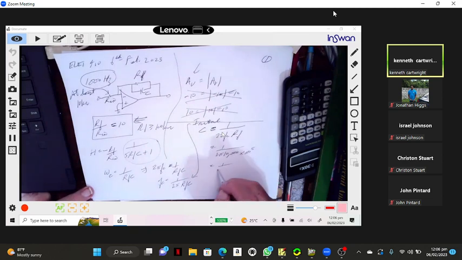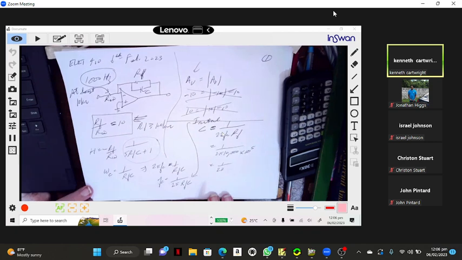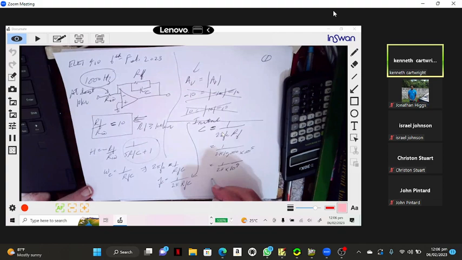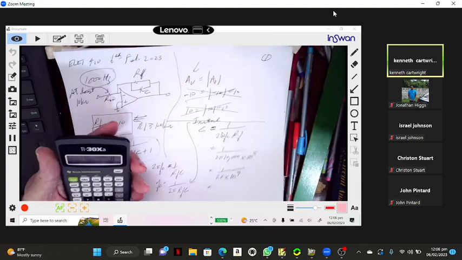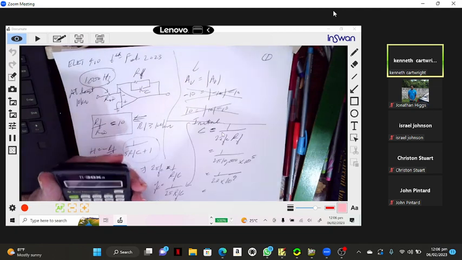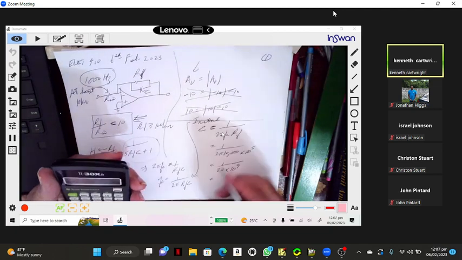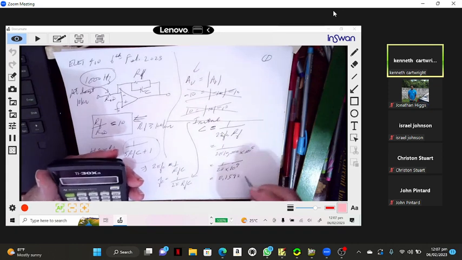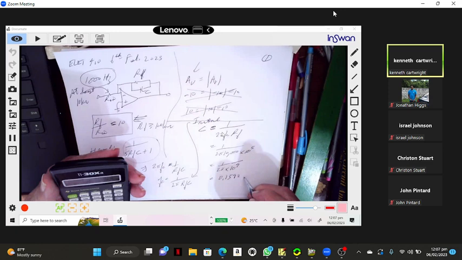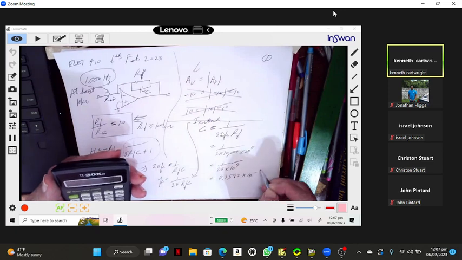So 1 over 2 pi times 10 to the 8, which is 1 over 2 pi, 0.1592 times 10 to the minus 9.